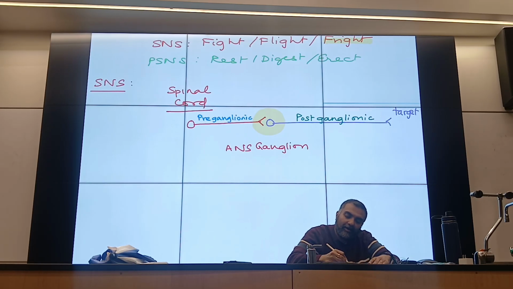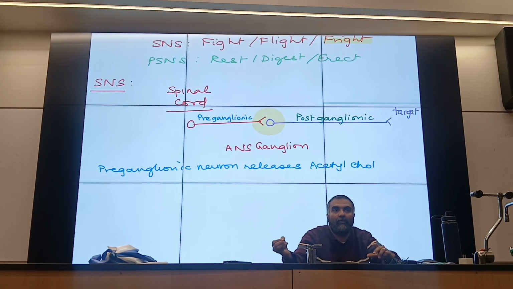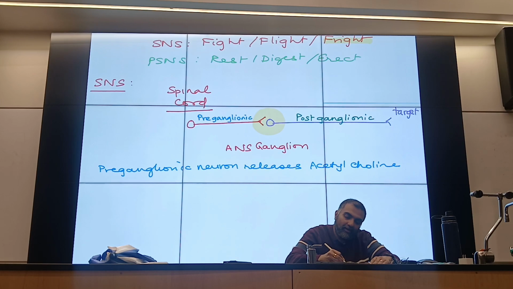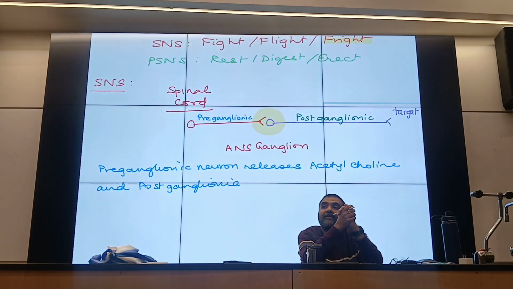So the preganglionic, I'll color code this, the preganglionic neuron releases acetylcholine. Very, very important, okay? And the postganglionic, I'm almost positive, think about it, this is a scary situation, correct? Sympathetic means turning on the alarm. Should you wait for the alarm?